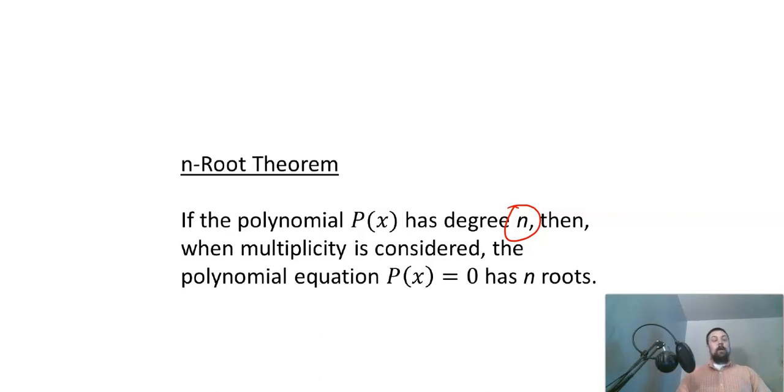When you count the repetition of solutions, that's the multiplicity, then the polynomial equation p of x equals 0 has n roots. So if the degree is n, then the polynomial equation will have n roots as long as you're counting the duplicates, as long as you're counting multiplicity.